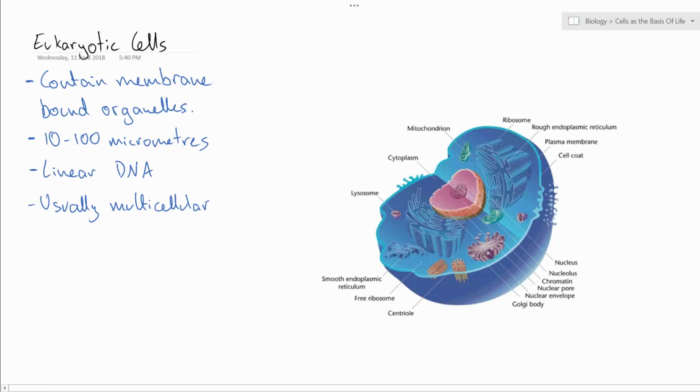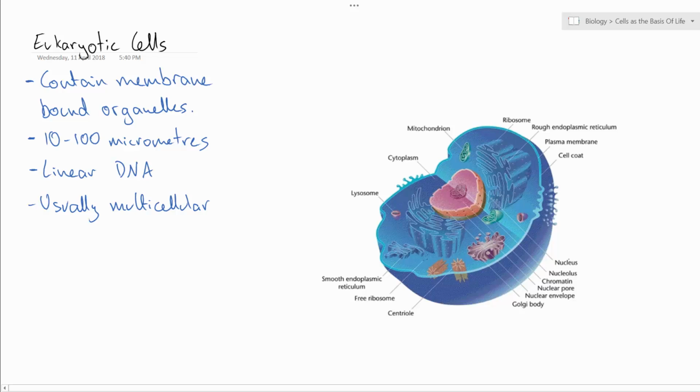So whereas prokaryotic cells are unicellular, so one prokaryotic cell is considered one organism, most eukaryotic cells make up multicellular organisms. We do see some like yeast, which are single-celled eukaryotic organisms, unicellular eukaryotic organisms. Mostly eukaryotic cells are found in multicellular organisms with different types of eukaryotic cells.